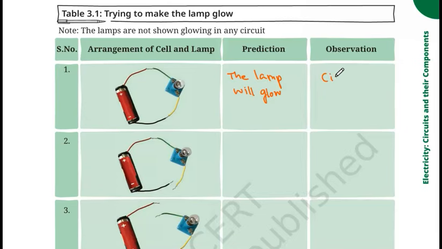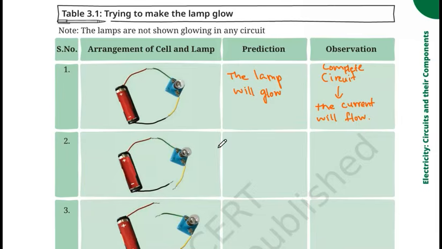So here we have a closed circuit, or you can say a complete circuit. That is why the lamp will glow, that is, the current will flow. For the flow of current, we need a complete circuit.